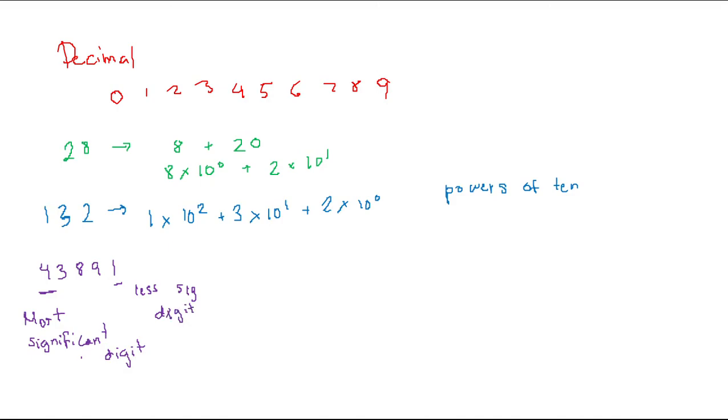Okay? What does that mean? That means that the one that has more weight in my number is that 4, the one on the left, and the one that contributes the least is the 1.